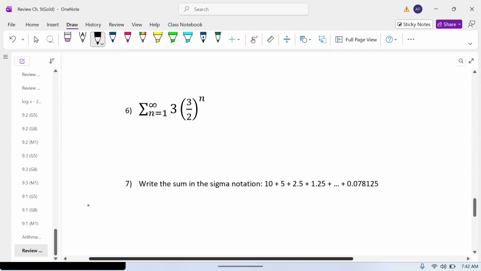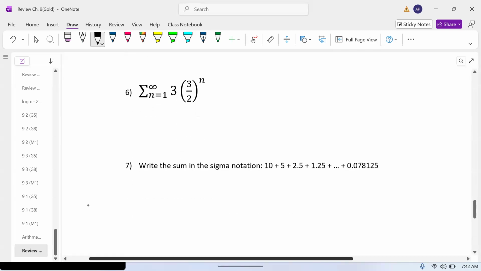All right, let's look at the next example. We have another sigma notation, and by just looking at this, we can see that it is going to be an infinite series. By looking at the inside, we once again see that this is an exponential expression, which means it is a geometric series. And it is also, as we already decided, going to be infinite.